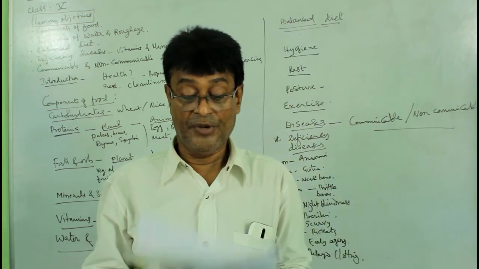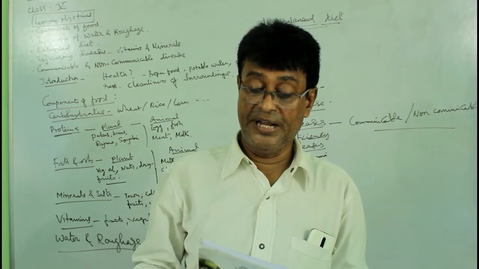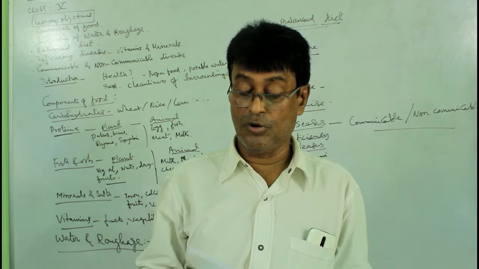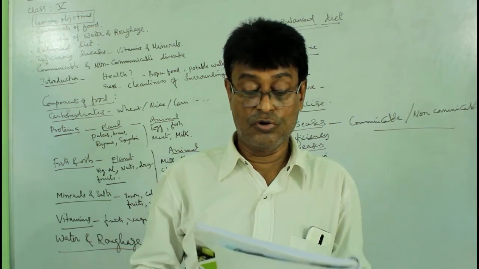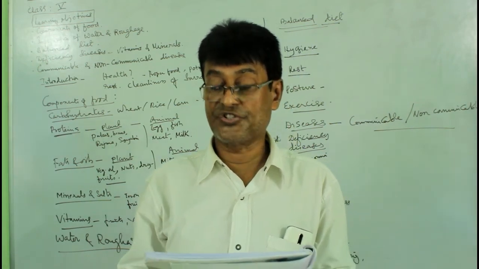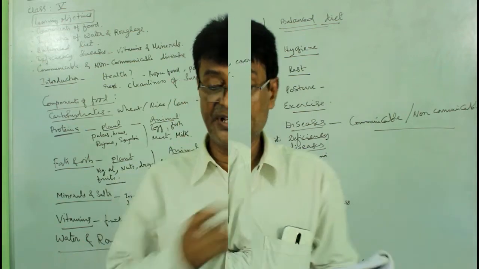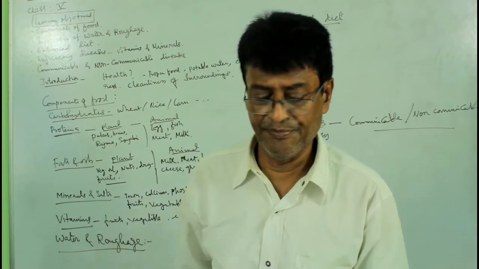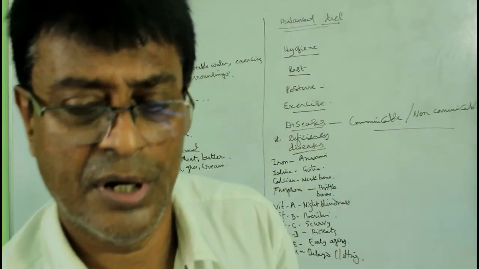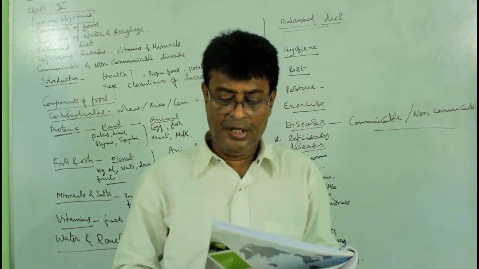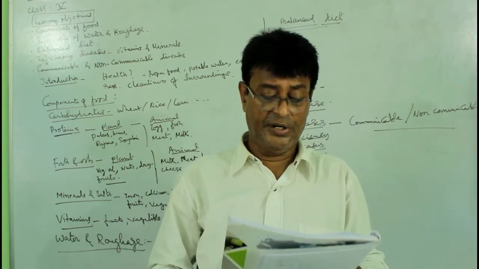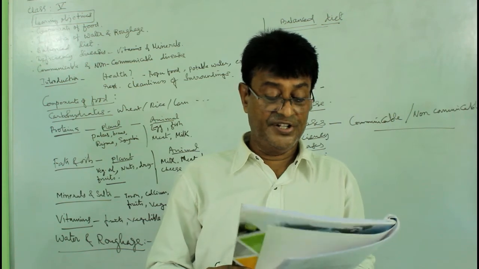Number 3, one should maintain a proper distance while reading a book. Keeping it too close or too far can strain our eyes. Next is number 2. The diseases caused by deficiency of the minerals and vitamins in our diet are called the deficiency diseases.